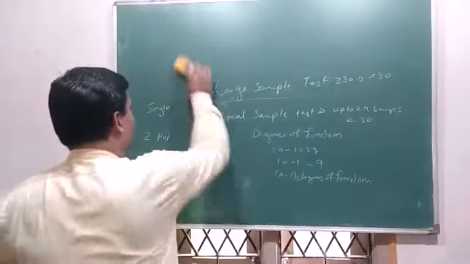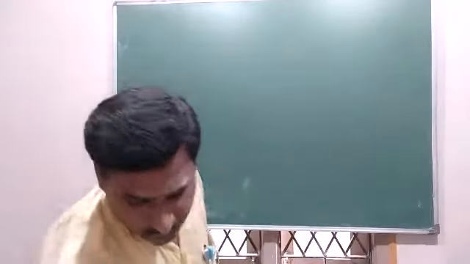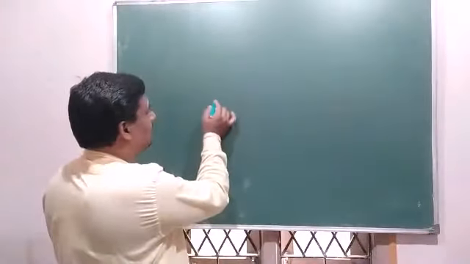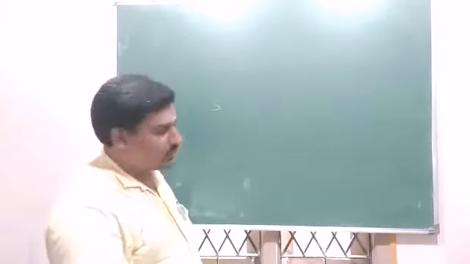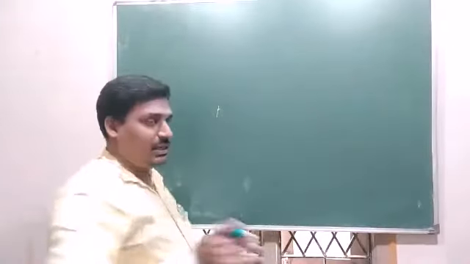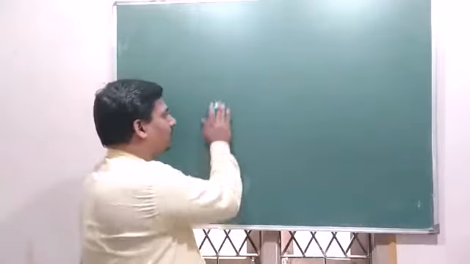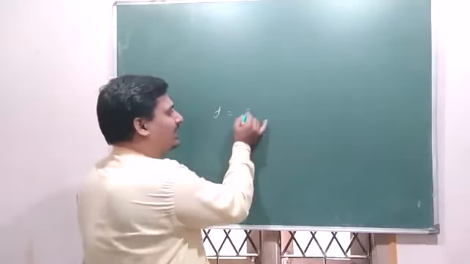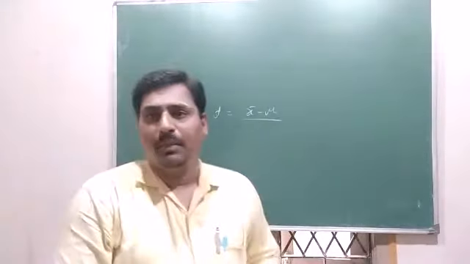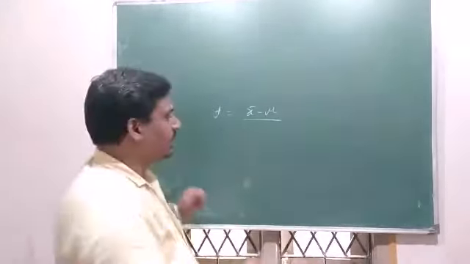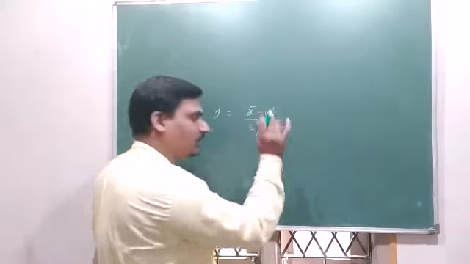So formula here, as a small sample test uses n minus 1 degrees of freedom. So here the formula for small sample test, we indicate it by T test. The name of the chapter itself, T test. You write T here, and T is equal to x bar minus mu divided by, based on samples we calculate here, standard deviation divided by root of n minus 1.